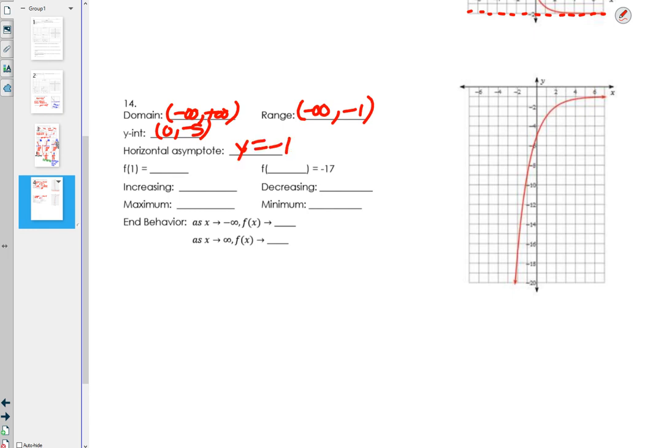What is the value of the function at 1? That does look correct. And again, at what input is the output negative 17? Negative 2, yeah.